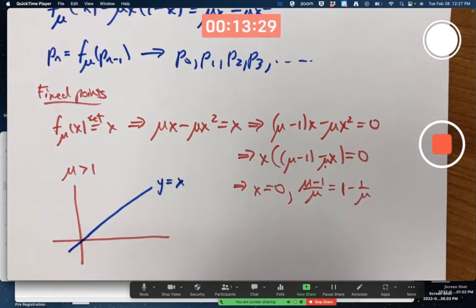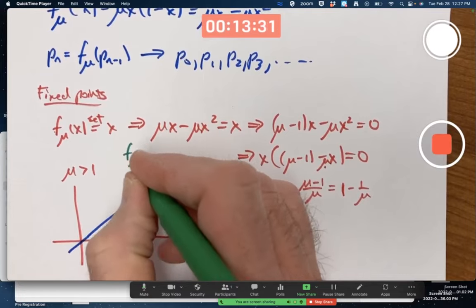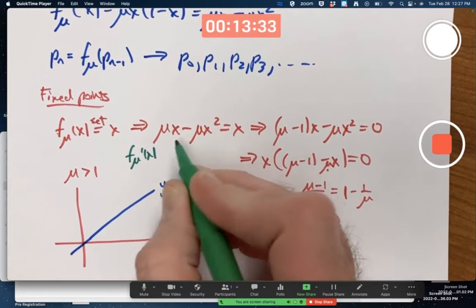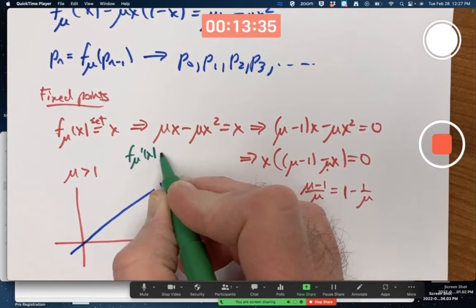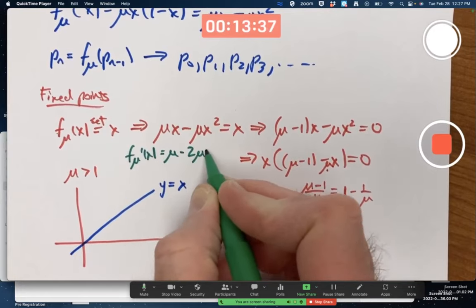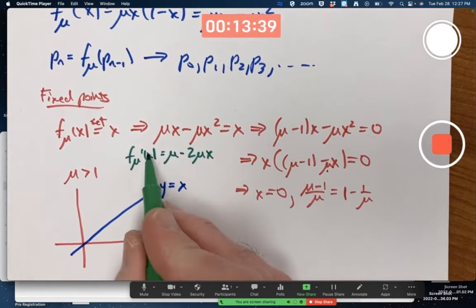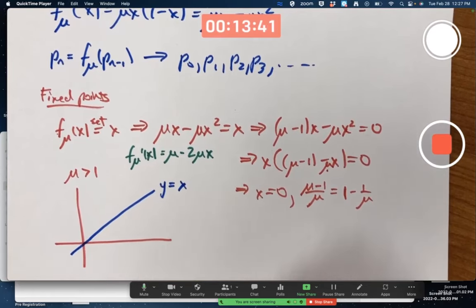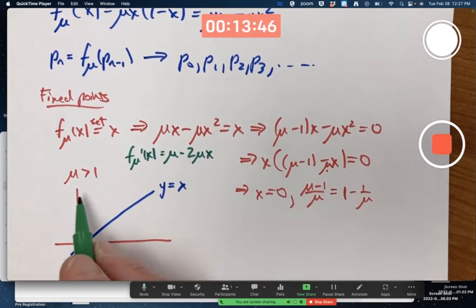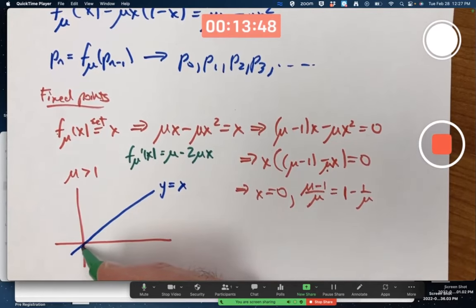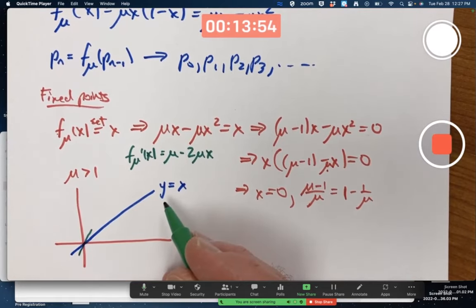In fact, the derivative here, f mu prime of x, differentiate this, you'd get mu minus 2 mu x, plug in 0 for x, and you get mu. Mu is the derivative of this at 0. So if mu is bigger than 1, then the slope of the curve at 0 is bigger than 1. It's got to go above the y equals x line.